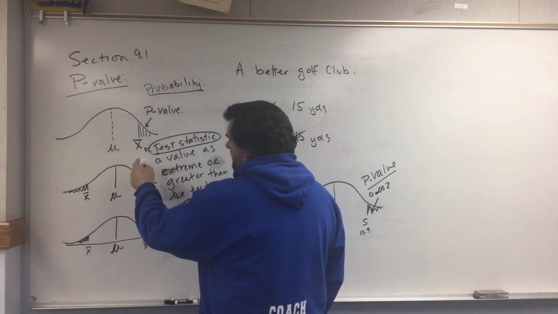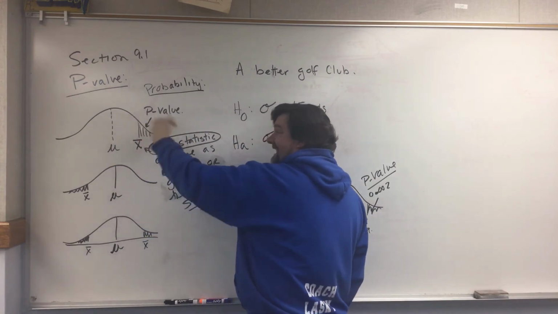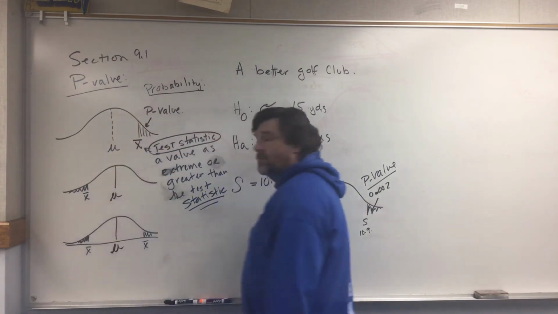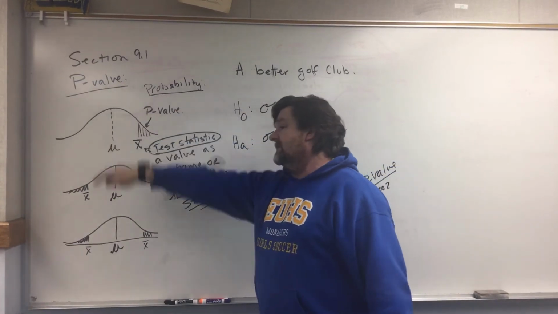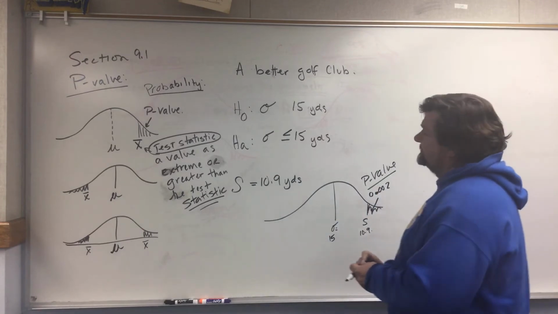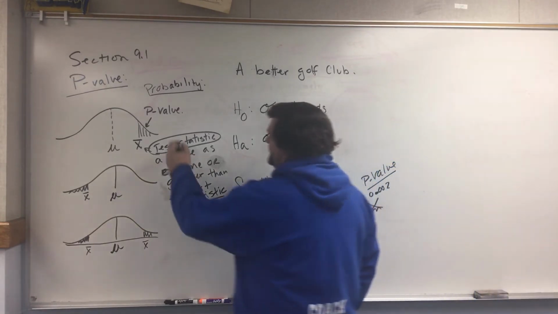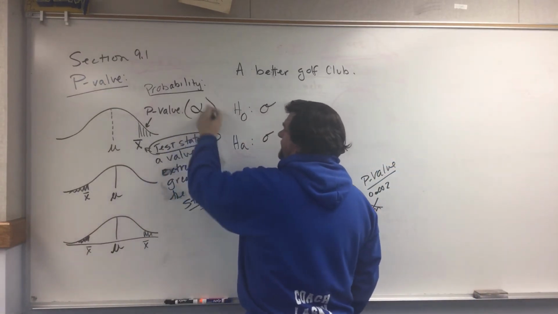So what's the probability that we're going to be outside of this line right here? What's that probability? So it's the probability value that we're going to get something outside that line. And it's denoted by alpha, like that.